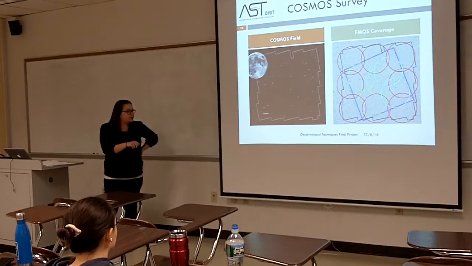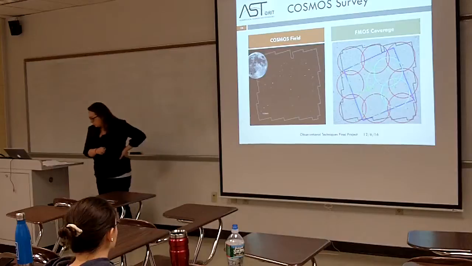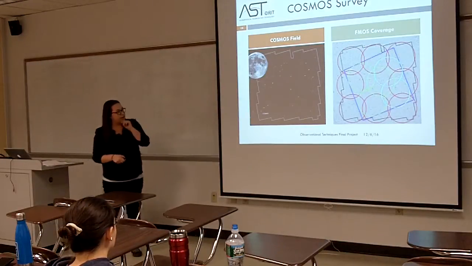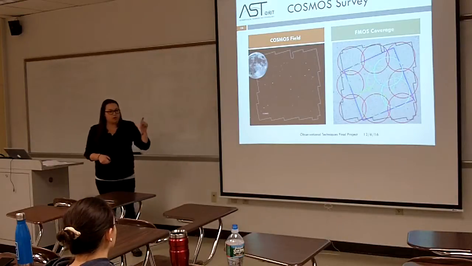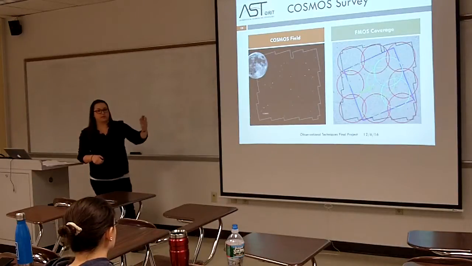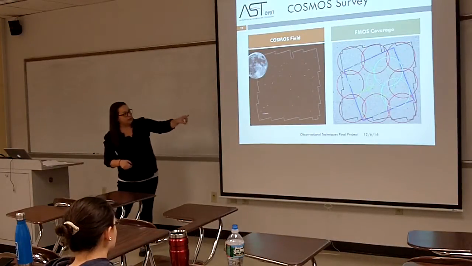And it's a 2 square degree area on the sky. And then on the right here, this image is showing you the circles are FMOS pointings, so it's showing you how they use FMOS to sample the Cosmos field. So that's how we did.